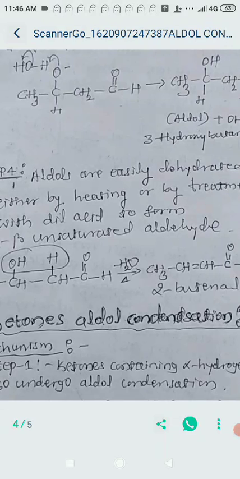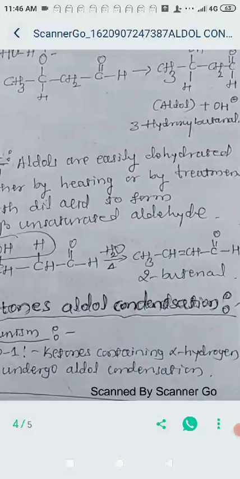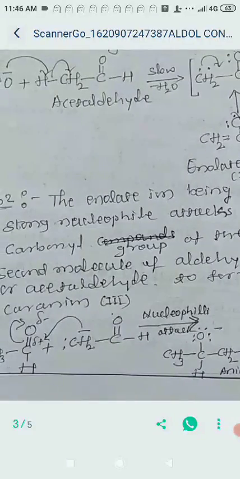In this way, the self condensation takes place in the same molecules of aldehyde. The same may take place in the same molecules of ketones, and also between different molecules of aldehydes and ketones. So again and again you practice and write the things, then only you are able to memorize, then only you are able to remember the reaction.